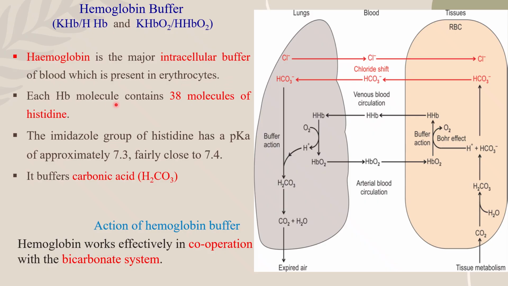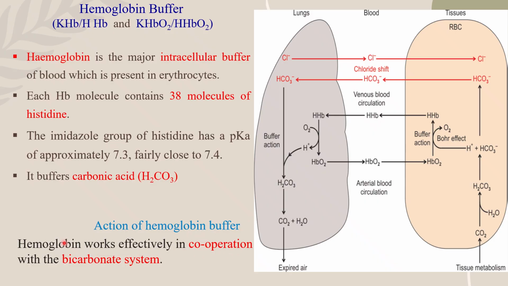Each hemoglobin molecule contains 38 molecules of histidine, again in the maximum concentration compared to other amino acids. The imidazole group of histidine has a pK very close to the blood pH, so it buffers the carbonic acid. This is the action of the hemoglobin buffer.